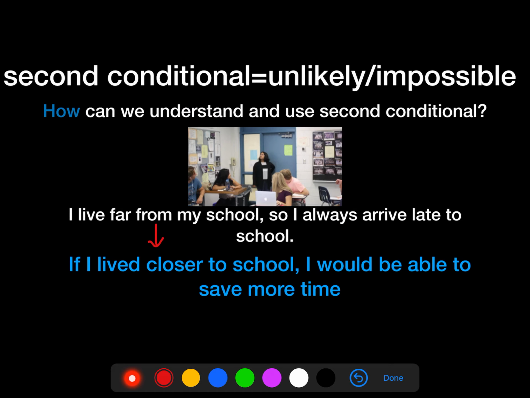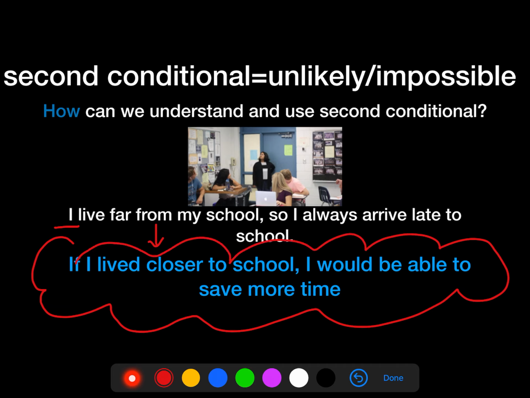So this person imagines, if I lived closer to school, I would be able to save more time. If I lived closer to school, I would be able to save more time.